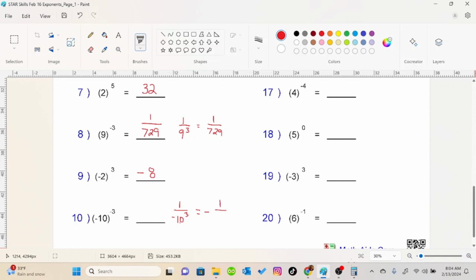And 10 cubed, 10 times 10 is 100. 100 times 10 is 1,000. So our answer is negative 1 over 1,000.